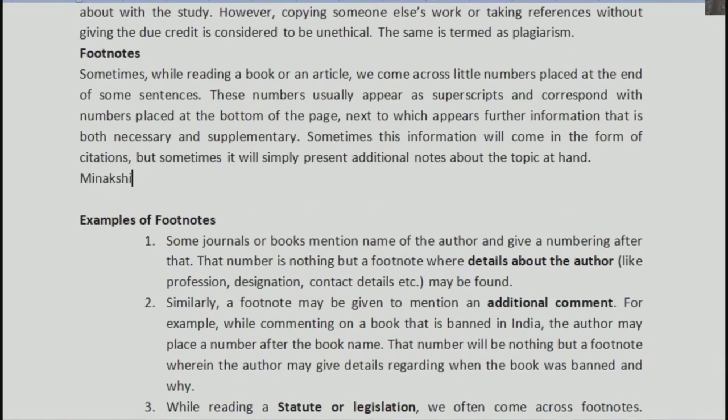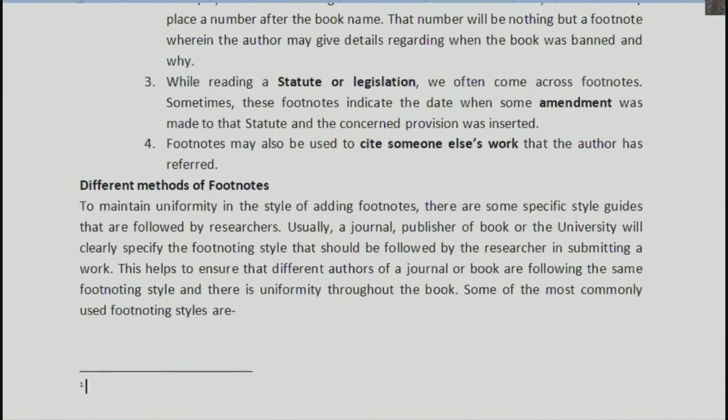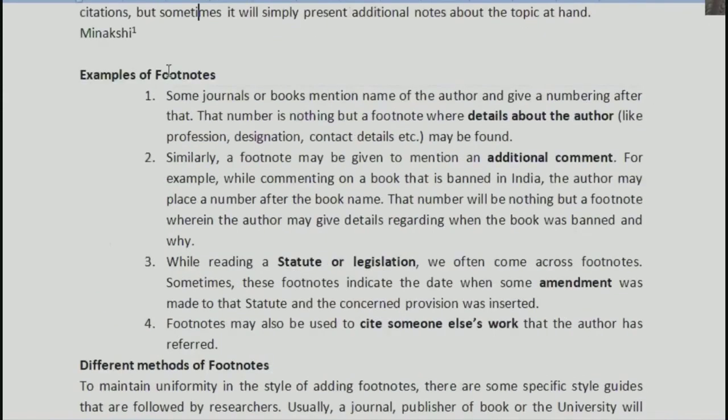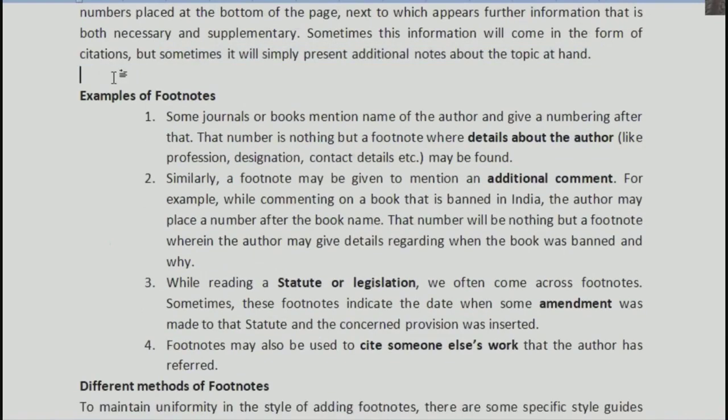Now, who is Meenakshi? The readers may want to know. So there will be a footnote given, and it will be written who I am, where I am working, where I am studying. That information will be written. That means a footnote is given to acknowledge somebody else's work, or it may contain some additional details or information, like my email ID and contact details, so that if anyone wants to connect with me, they can do that through that information.